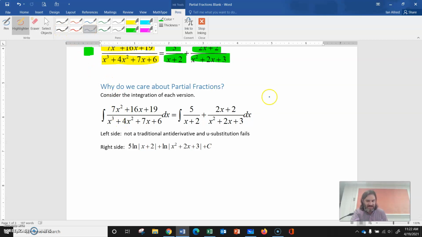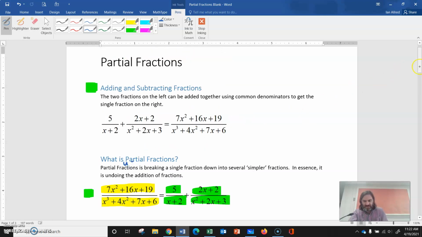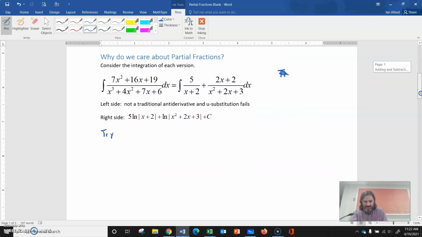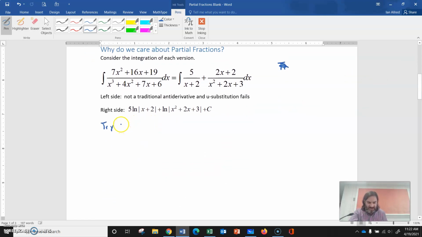But even if I write it out, let's not do it there, let's put it below. If we try letting u be x cubed plus 4x squared plus 7x plus 6, sorry if I'm a little messy there, the du would be 3x squared plus 8x plus 7 dx.